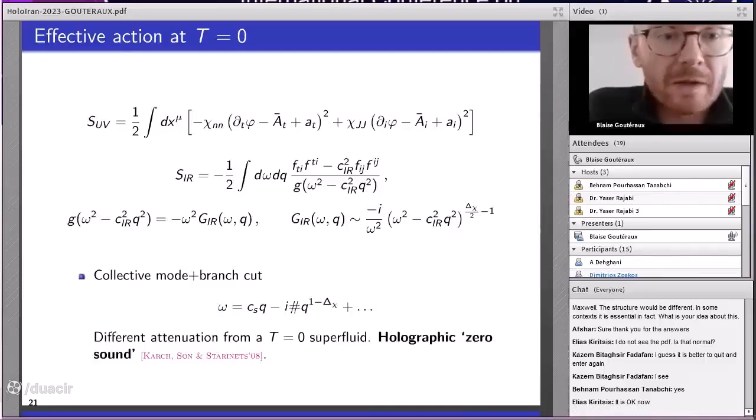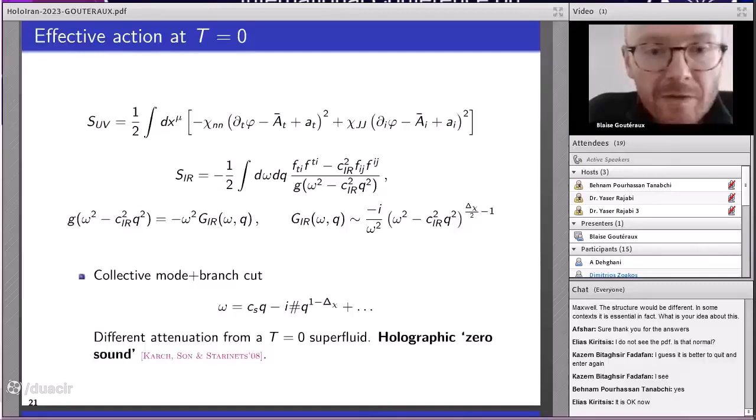And in particular, you see that it has a branch cut at omega equals c_IR times q, where c_IR is the effective speed of light in the infrared of the spacetime. So the low energy spectrum here is a collective mode, the zero sound mode, c_s q, and the branch cut excitation. The branch cut produces this anomalous attenuation, which again is very different from the zero temperature superfluid.